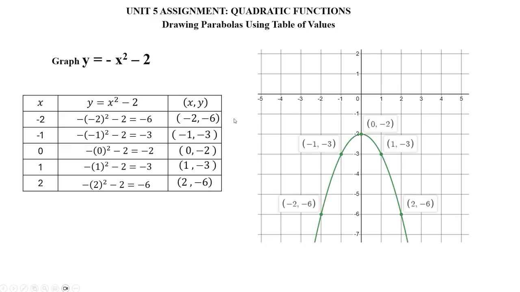So these are our coordinates for this particular equation. Now this one is a little bit interesting in that at no point does the graph cross the x-axis. There are no x-intercepts at all. So it's a little bit different from the ones that we're used to seeing.